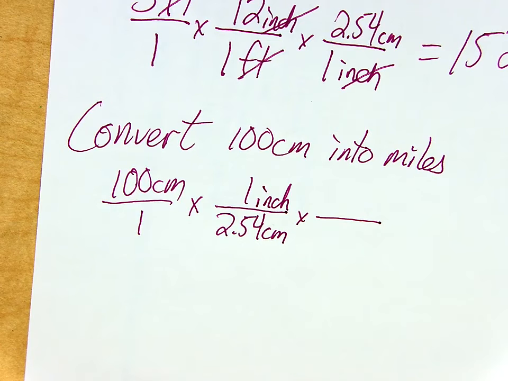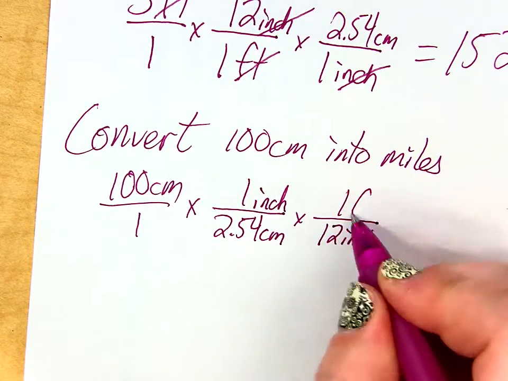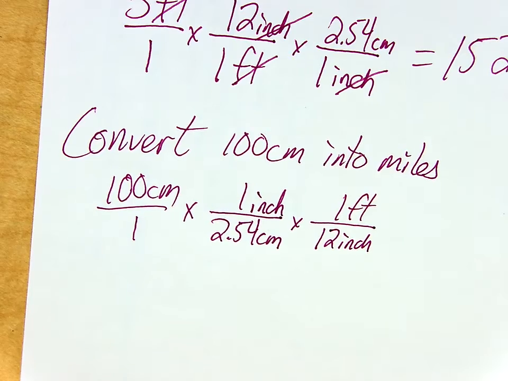12 inches in a foot, right? So what goes on the bottom? 12 inches, 1 foot. And now I can use my chart again to get from feet to miles.